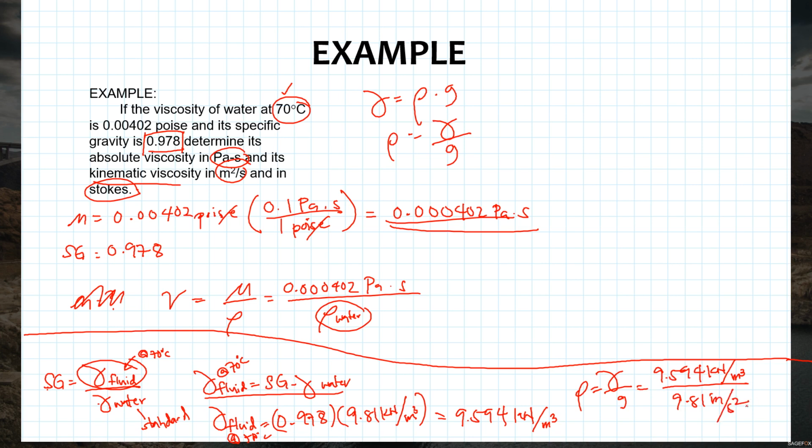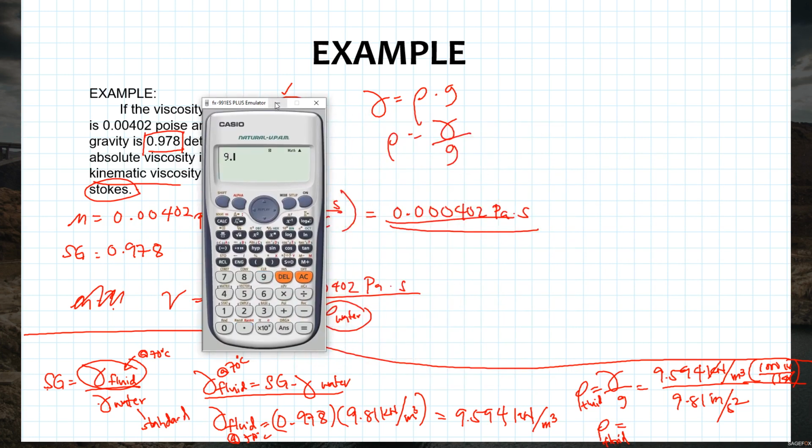meter per second squared. But wait, this is in kilonewtons, so you have to convert it to newtons. So I have a conversion factor of 1000 newtons is equivalent to 1 kilonewton. So this is your solution in obtaining the mass density of the water or of the fluid at 70 degrees.